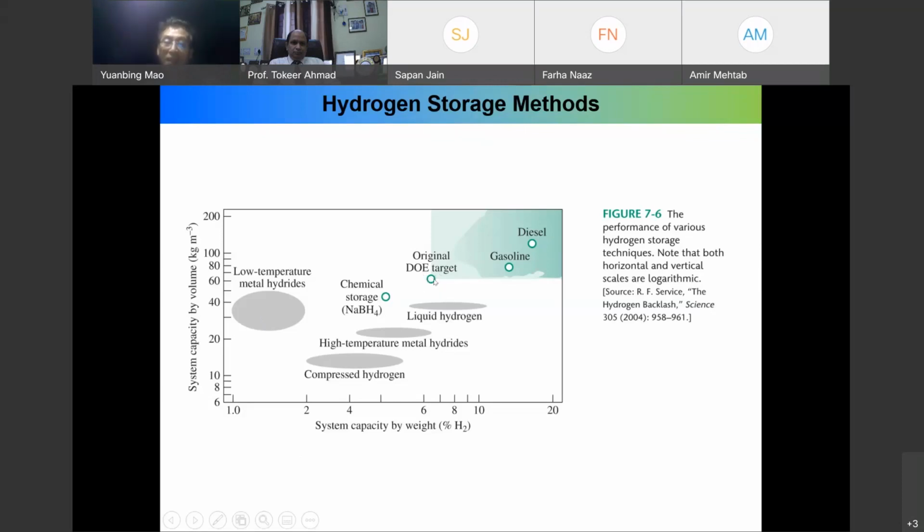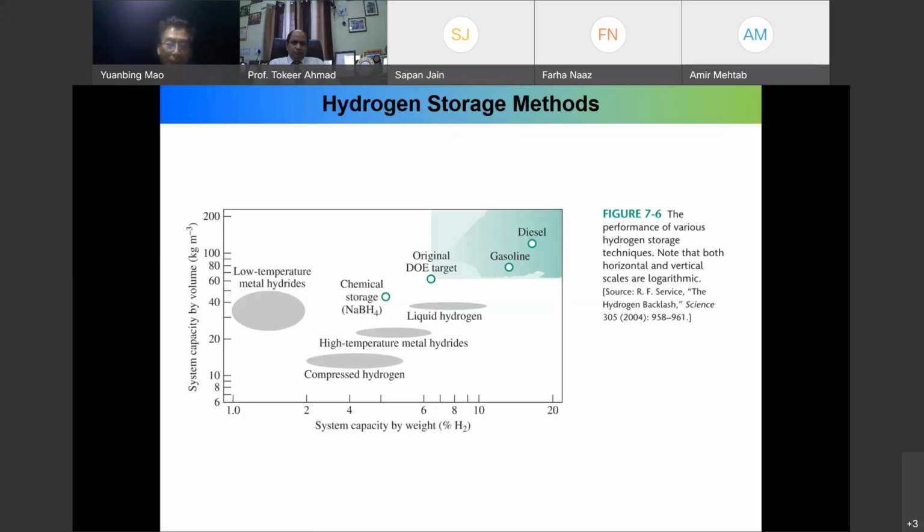The DOE target means that if we can reach this target, then the hydrogen economy could be economic, right? But so far it hasn't really achieved that level yet. And that's why, at least the US government, sees the funding support to continue this type of research in recent years.